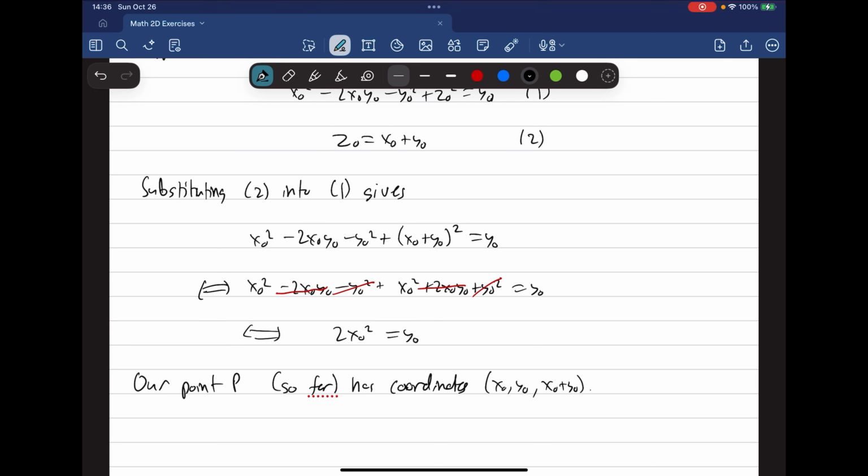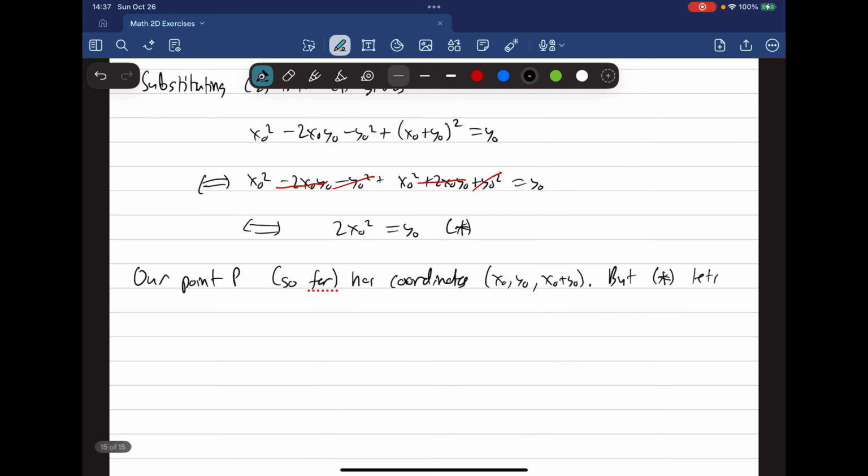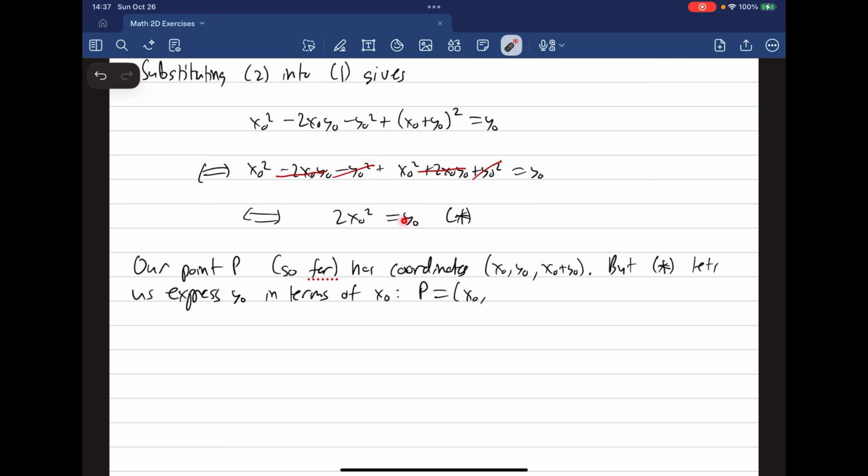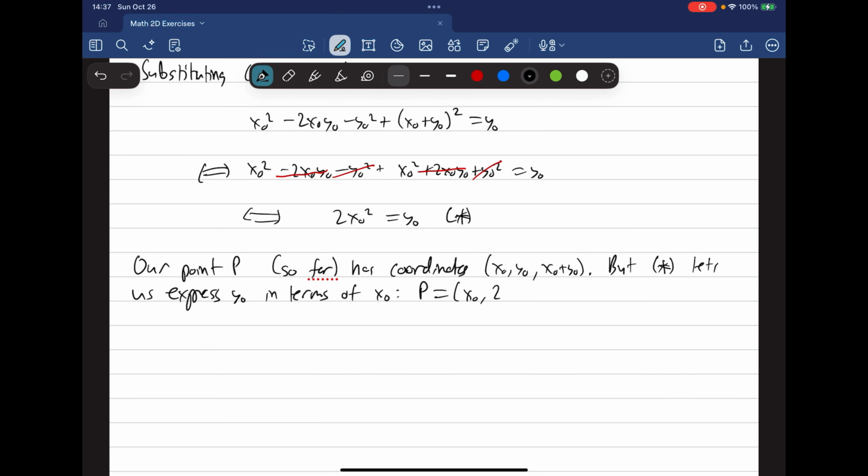But this star equation here lets us express y naught in terms of x naught. So now our point P is going to become x naught, and we see here that y naught is equal to 2x naught squared. So this is 2x naught squared, and then we get x naught plus 2x naught squared.